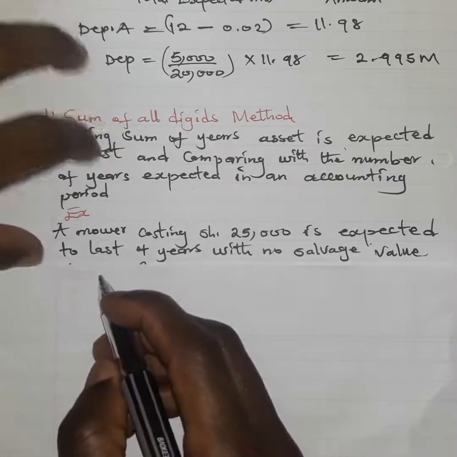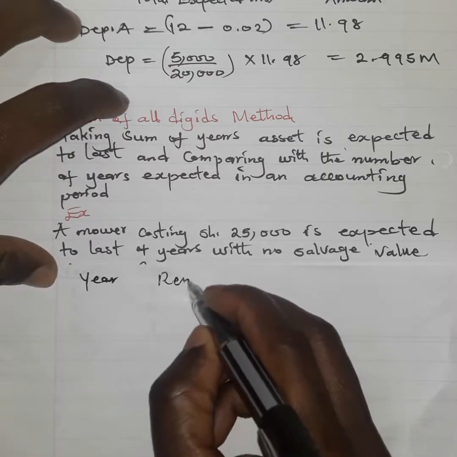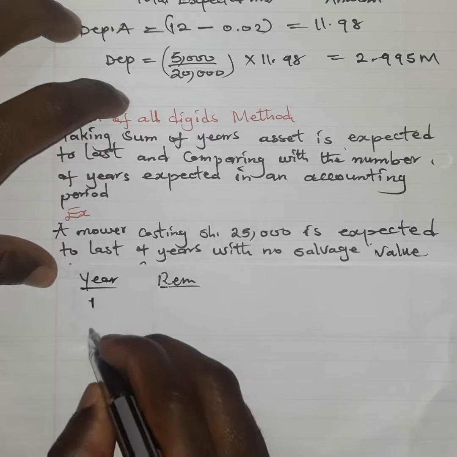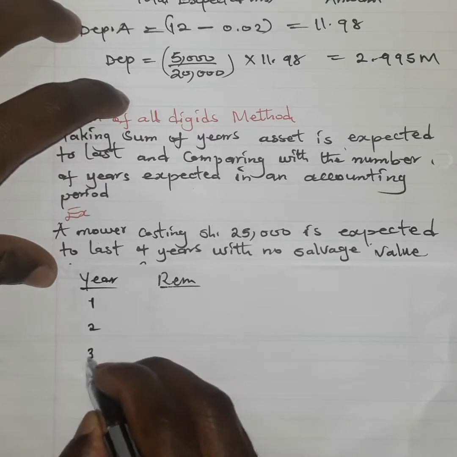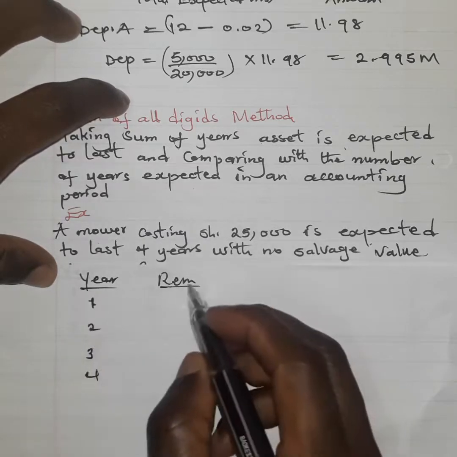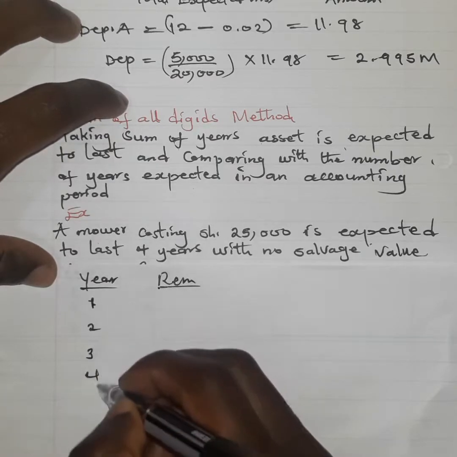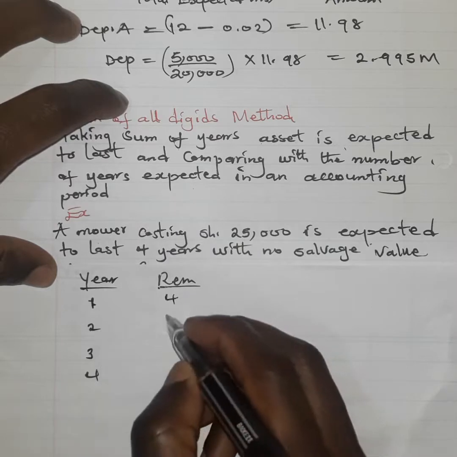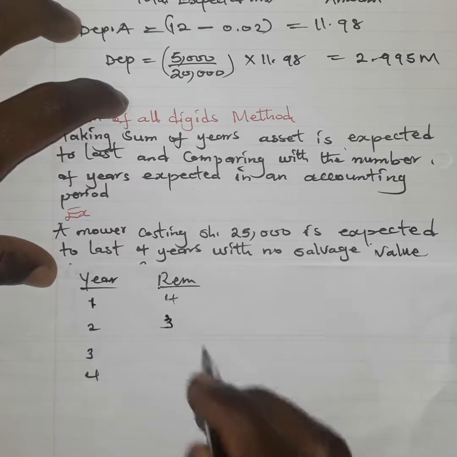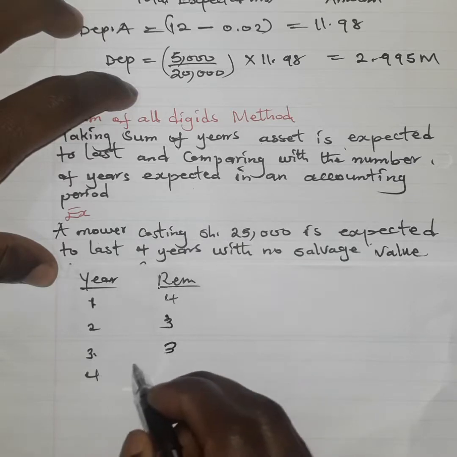We are going to have years versus what is remaining. Of course, we are given 4 years: the first year, second year, third year, and fourth year. So at year 1, this asset is supposed to run for that 1 year plus the other 3 years, so it is 4 years. At year 2, it will run for another 3 years. At year 3, we are remaining with 2 years, the third year itself and the fourth.